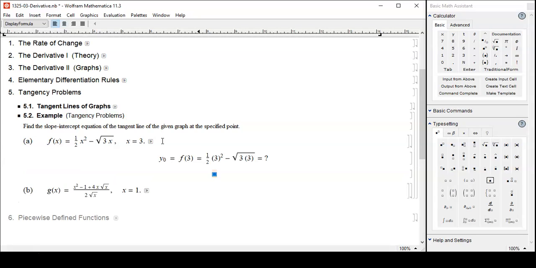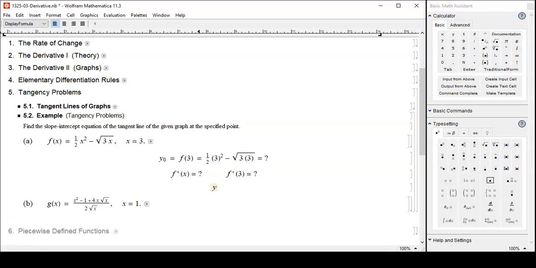And now you have to find this derivative function. Once you have the derivative function, then you can plug in f prime of 3, and that's your slope. And once you have the slope, you get y equals m times (x minus 3) plus y0. y0 you found from step 1, and m you found from step 3.